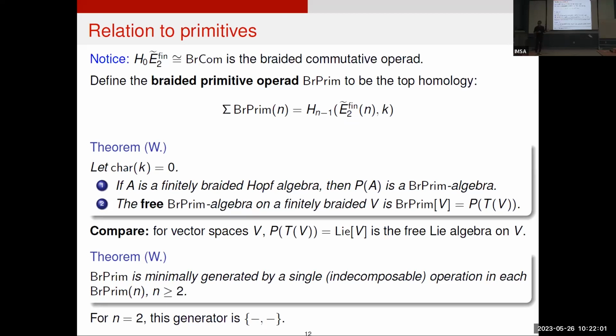I believe that it's still true. Now if you take that Hopf algebra and make it into a braided Hopf algebra, I believe that the cobar complex is an E2 fin algebra, if you assume that it's finitely braided. That would be an example. Yeah. Is it written somewhere?